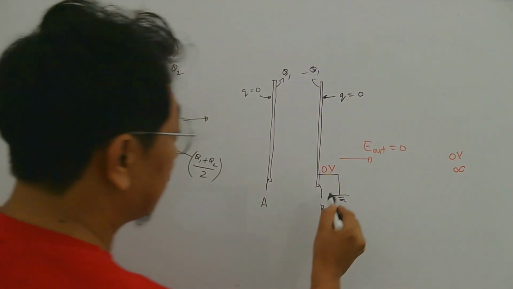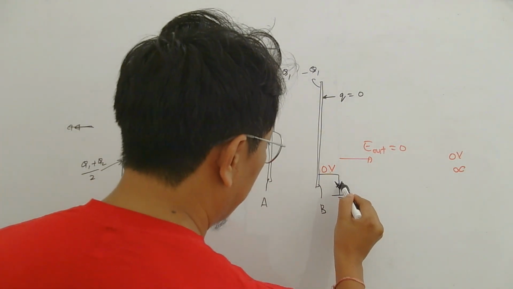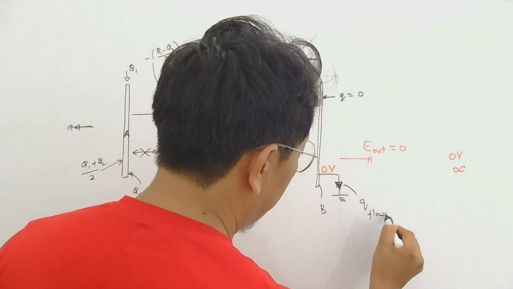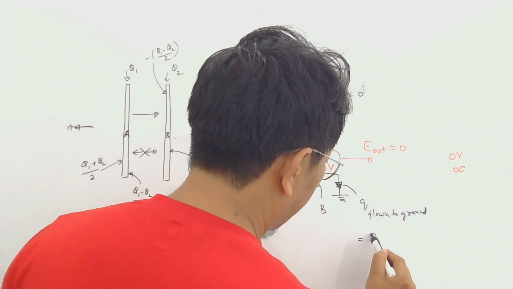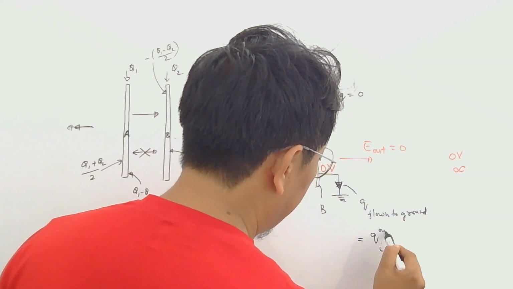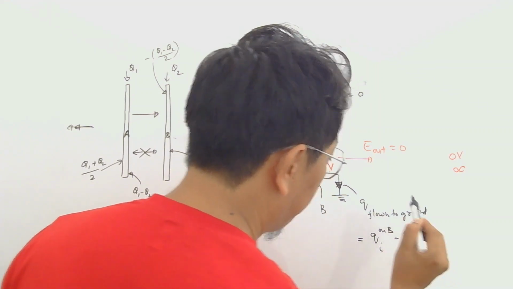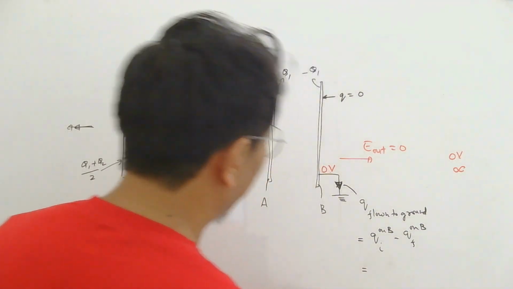So how much charge went to ground, if they ask? Charge flown to ground, if they ask. How will you do it? Initial charge on B minus final charge on B. Isn't it? So what is the initial charge on B?